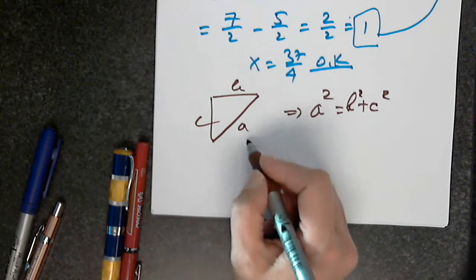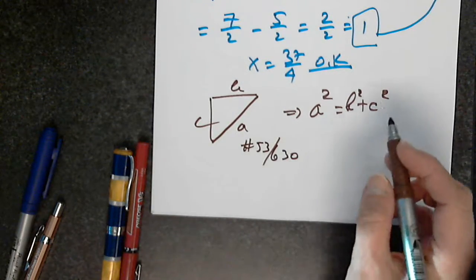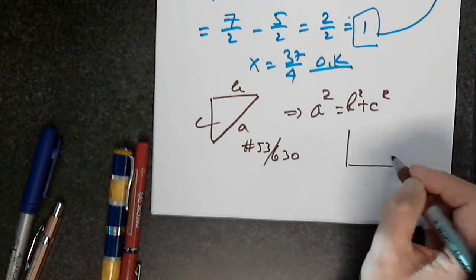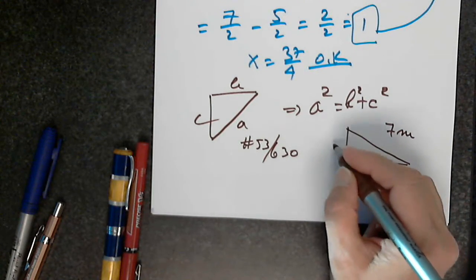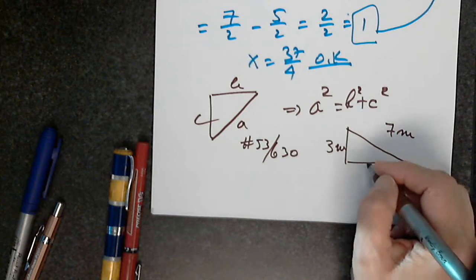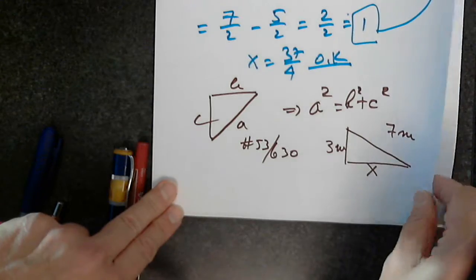Let's look at 53 on page 630. We are given the following triangle. The hypotenuse 7 meters, one leg 3 meters, and the other one unknown. Can anyone dictate what is the Pythagorean theorem? How will it look in this particular triangle?